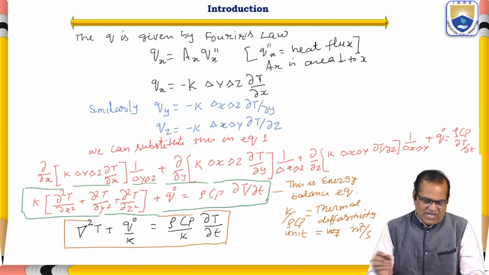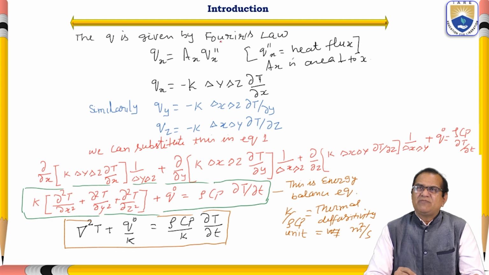Now we know that Q is given by Fourier's law. So Qx is equal to Ax into Qx double prime. Q double prime x is the heat flux, and Ax is the area perpendicular to x.